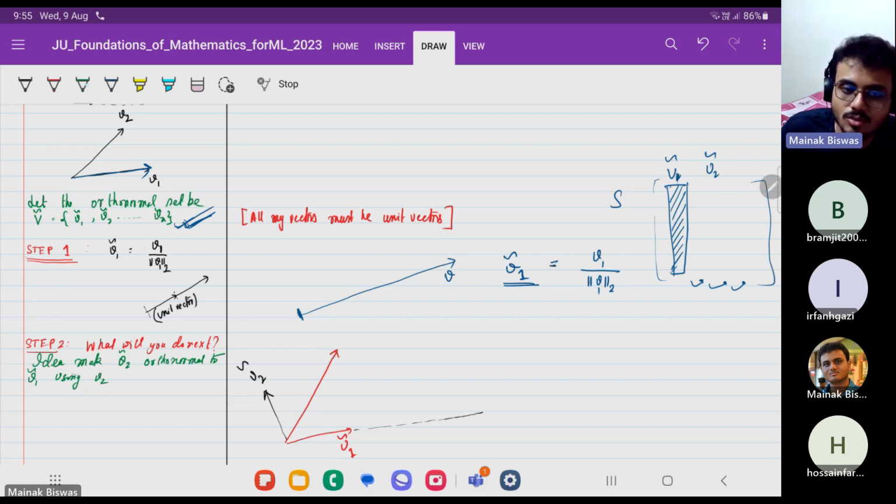So what will I first do? How can I get a vector perpendicular to v1? This is so easy. We do a dot product so that it becomes 0.